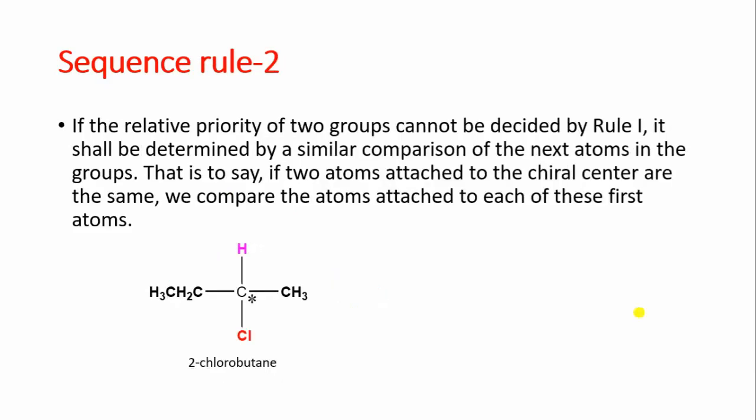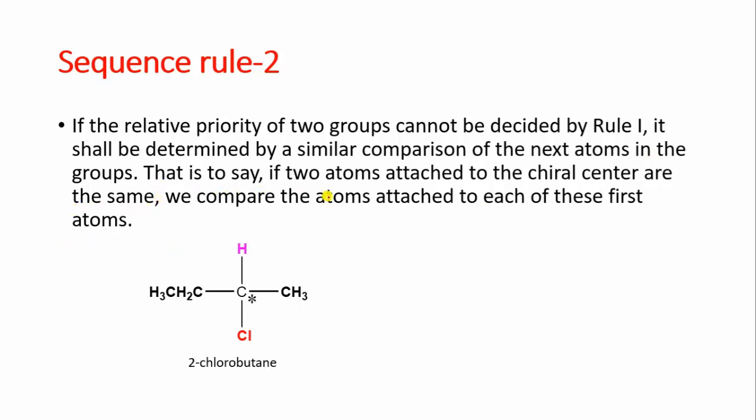Now sequence rule 2. What is sequence rule 2? If the relative priority of two groups cannot be decided by rule 1, that is, when rule 1 fails, it shall be determined by similar comparison of the next atoms in the groups.